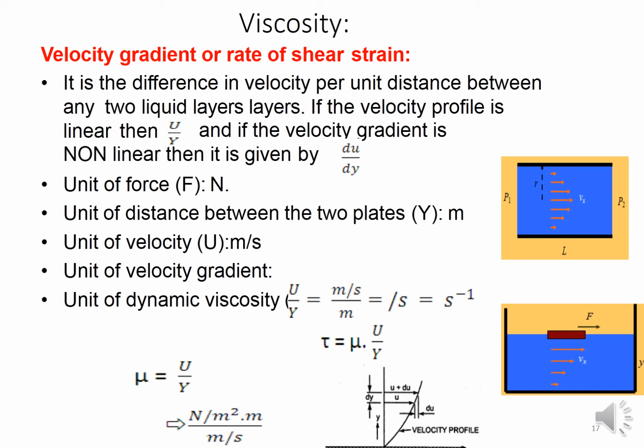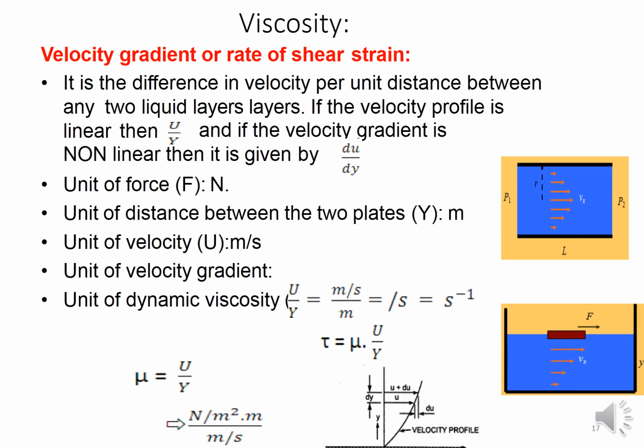Unit of force is Newton, unit of distance between two plates is meter, unit of velocity is meter per second. So velocity gradient is U by Y. What is the unit of U by Y? U is meter per second and Y is meter. So meter gets cancelled, and we get inverse second, that is s raised to minus 1, the unit of velocity gradient.